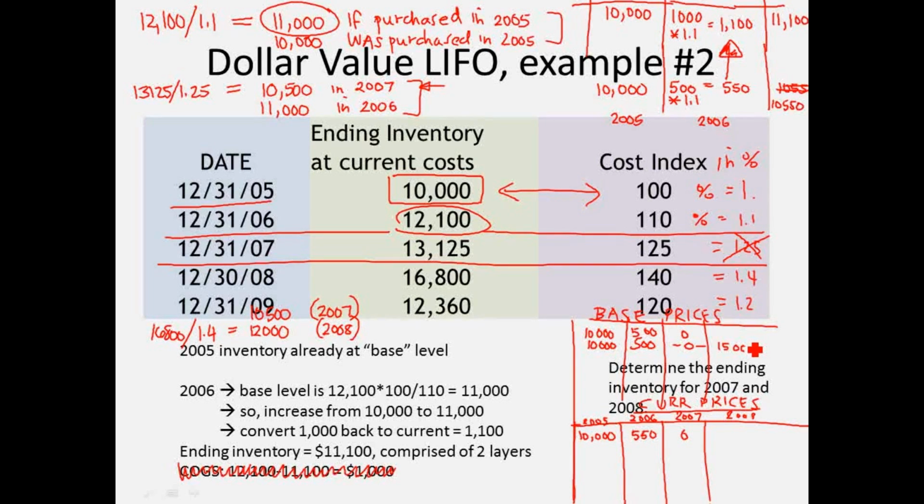So I converted 10,000 to 10,000, 500 to 550 because prices had gone up by 10%, 0 to 0, and then what do I convert this 1,500 to? 2,100, which is 1,500 times 1.4. So what is my ending inventory? It's 12,650.